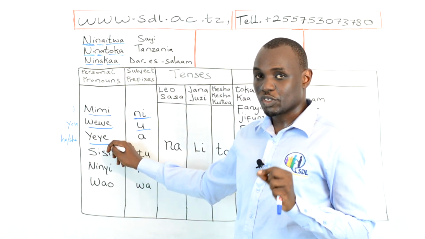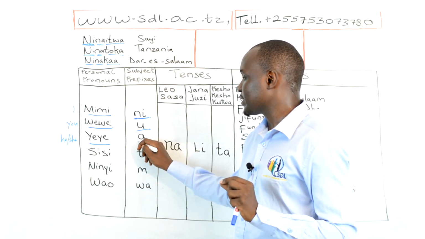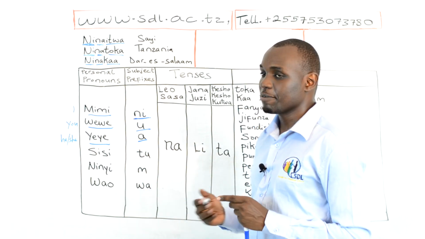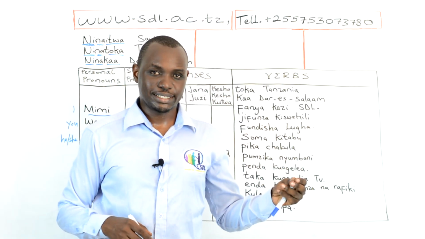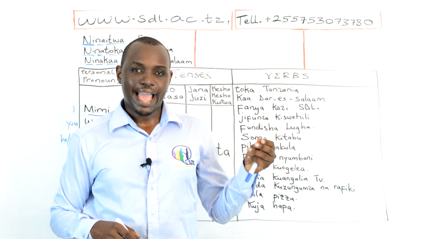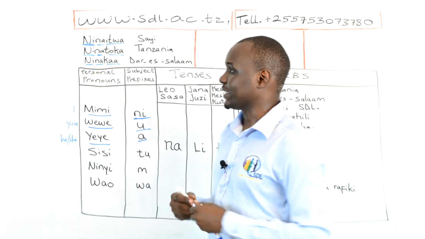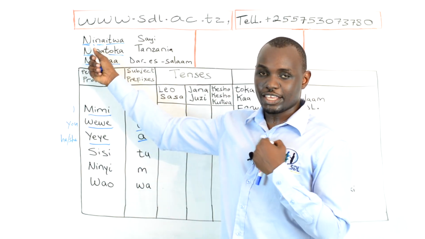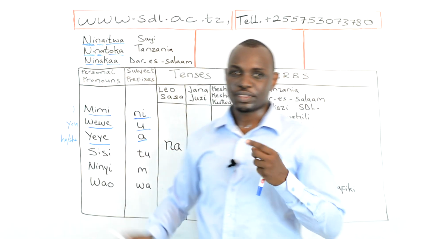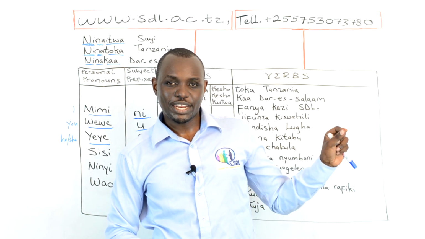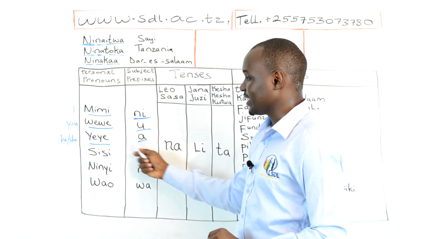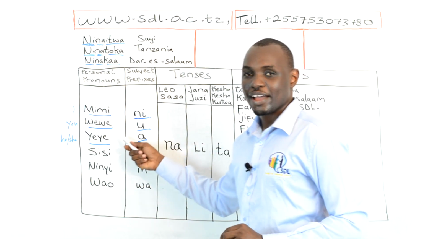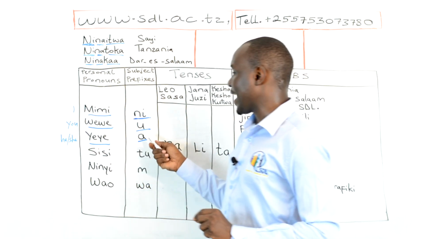And the subject prefix, when we say a sentence, we will say a. So here, if I want to say her name is Janet, I'll say anaitwa Janet. Ninaitwa Sayi Michael. Her name is Janet. Anaitwa Janet, because she or he is represented by a.